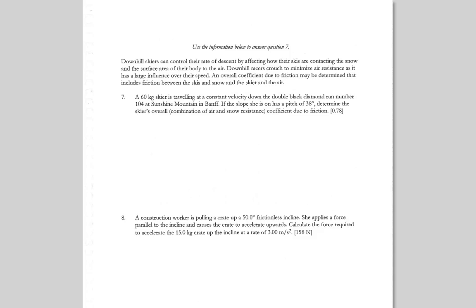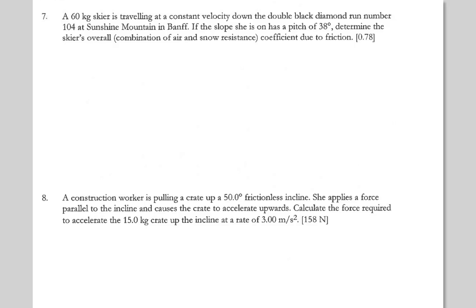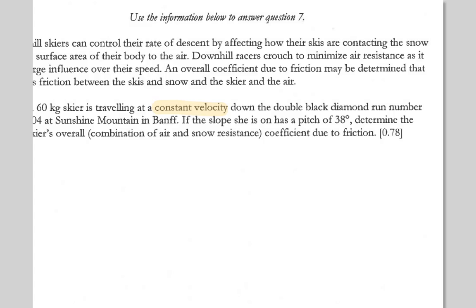Okay, 7. A 60 kilogram skier is traveling at a constant velocity. Please highlight that. As soon as you see constant velocity, what's the... Good. Constant velocity, acceleration 0, and therefore F net equals 0.